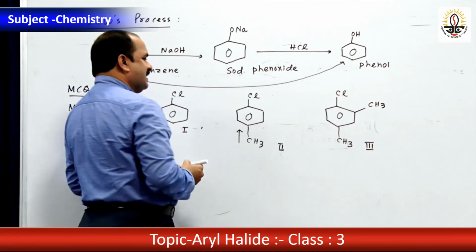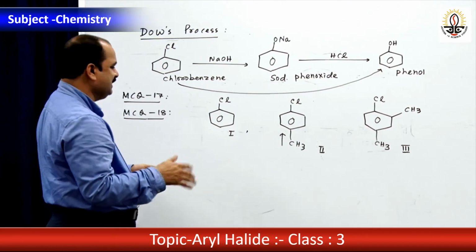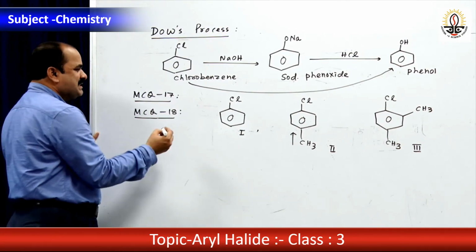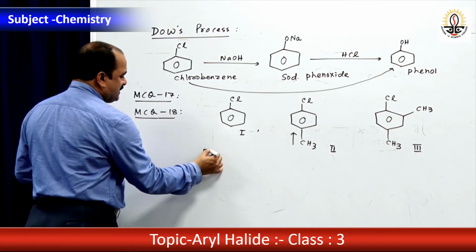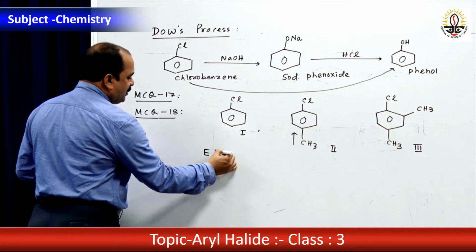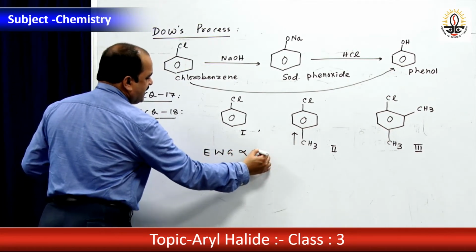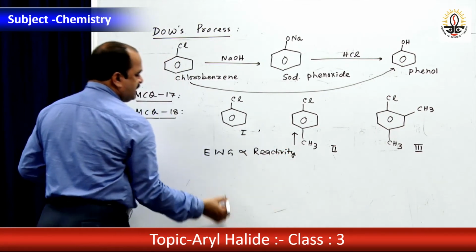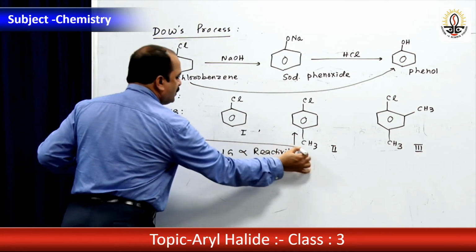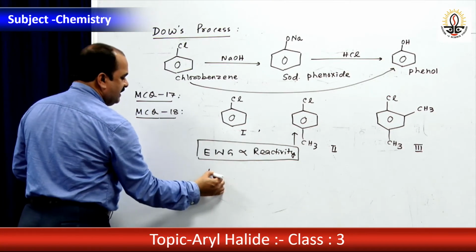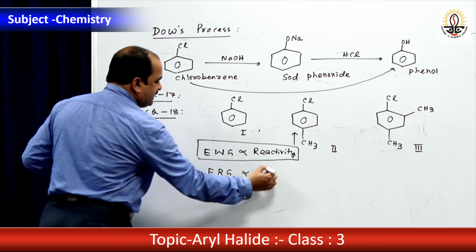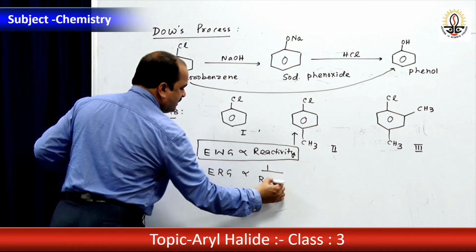Three compounds are there. The question is to arrange them in the decreasing order of reactivity. Our substitution reaction shows that the presence of an electron withdrawing group increases the reactivity. If an electron releasing group, ERG, is there, it decreases the reactivity.